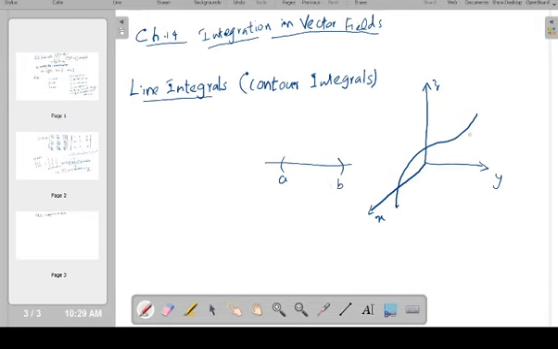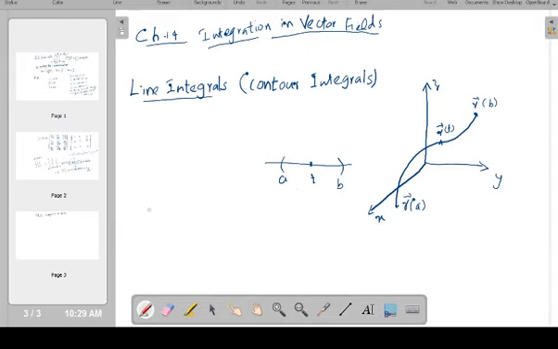This is denoted by vector r of a, and this point is vector r of b. So these are the position vectors of the particle at time t equal to a and time t equal to b. And at an arbitrary time t, suppose the particle reaches here, r of t. So this is the position vector of the particle at time t.